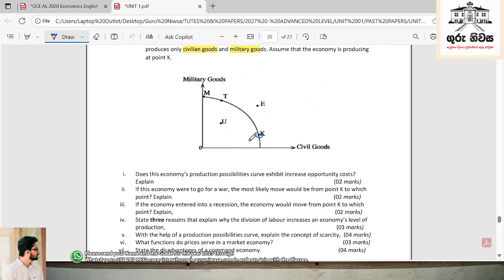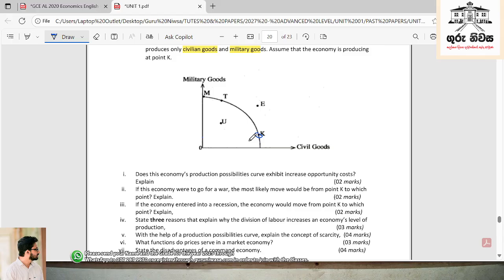To which point would the economy move? Here, point E is impossible. Why? Because we cannot achieve point E. Forget E. You also know it's not practical because it shows unemployment.